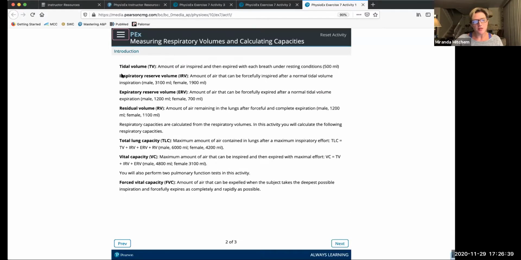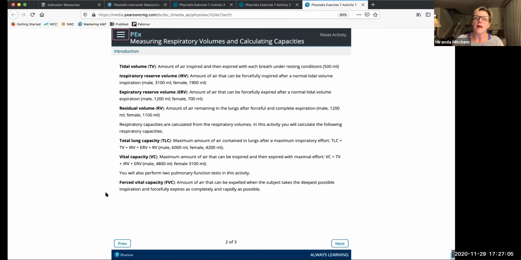So here are some of the many terms in respiratory sciences. We've got our tidal volume, the different reserve volumes, our residual volume, total lung capacity, vital capacity, and then the forced vital capacity. So we have 4 volumes, and those are our defined volumes.